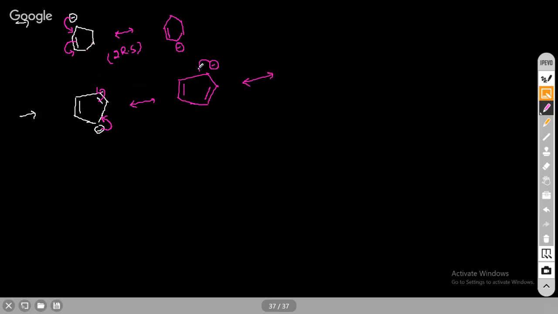Another one you see, this negative charge comes over here, this pi electron goes here, and we have this. Here we have a double bond, this double bond will be as it is, and again the negative charge will be here. Another resonating structure possible in this: when this negative charge comes over here, this pi electron goes here.